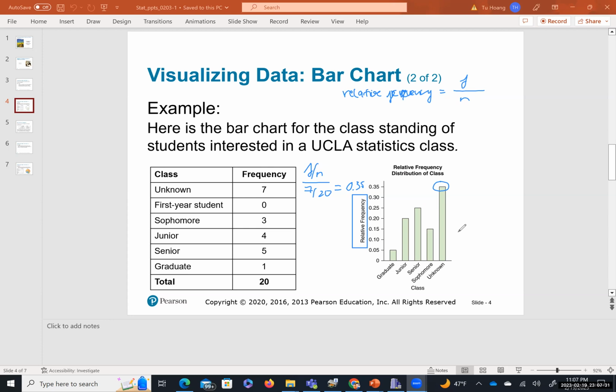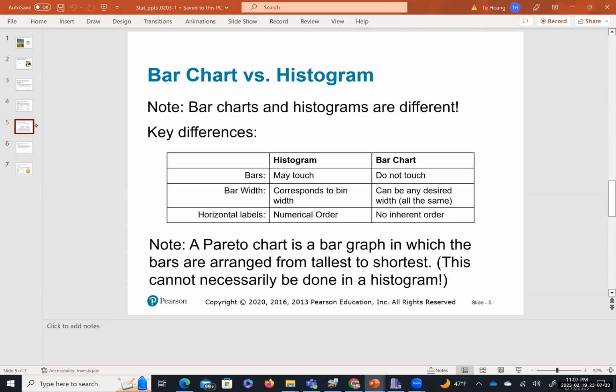Let me move to the next one. We compare bar chart and histogram. As I stated before, for the histogram, the bars touch, right? They touch for the consecutive intervals, and the bar width corresponds to the bin width, okay? And the horizontal labels must be in numerical order.